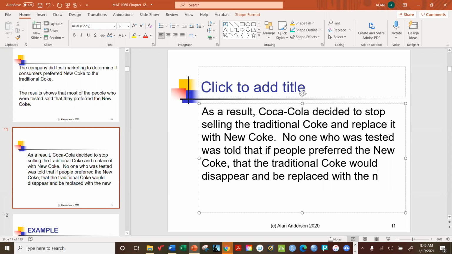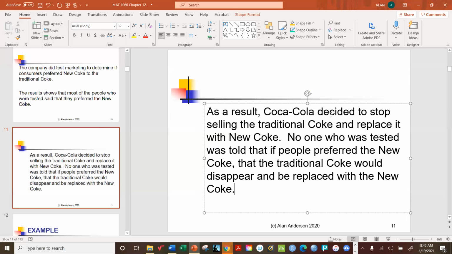In other words, they thought that what Coke was planning on doing was adding New Coke as another option. But instead, what they were planning on doing is taking the old Coke off the shelves and completely replacing it with a New Coke.